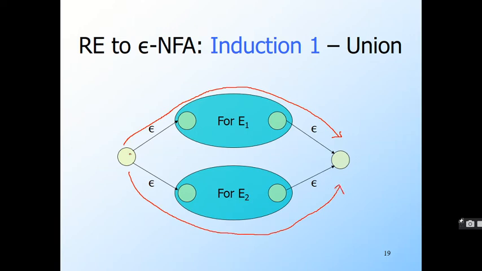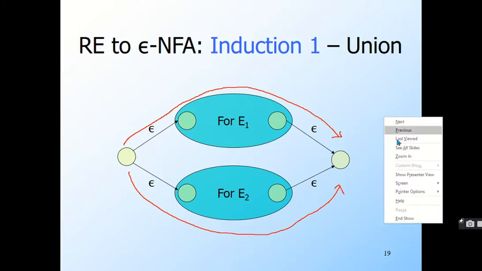So we introduce an epsilon transition from the predecessor state to the starting state of E1 and from the ending state of E1 to the successor state, or we have another option of having an epsilon transition from the predecessor state to the first state of expression 2 and from the last state of expression 2 to the successor state. This is how the union will be represented.